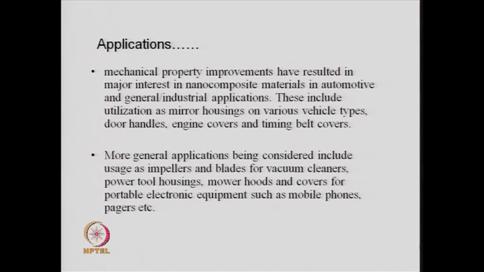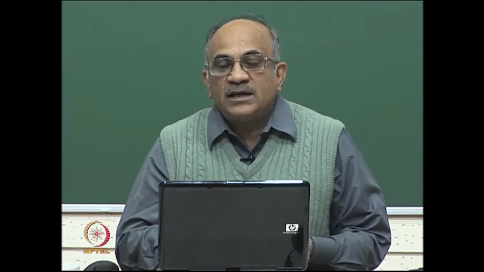Coming to some other applications. So, mechanical properties we discussed. Further, in automotive and general industrial applications also, many of the auto parts are now made of nanocomposite materials, and these typically are used as mirror housings. So, if you see on the rear view mirror, the side view mirror, there is a kind of a cover in which the mirror is placed.